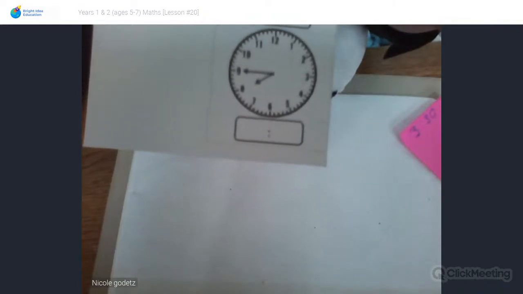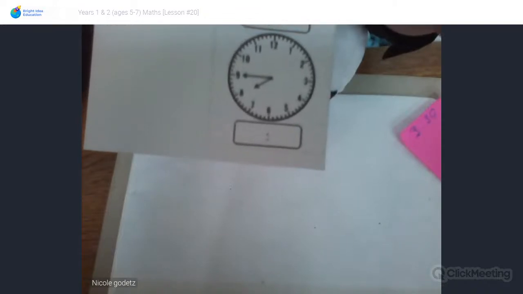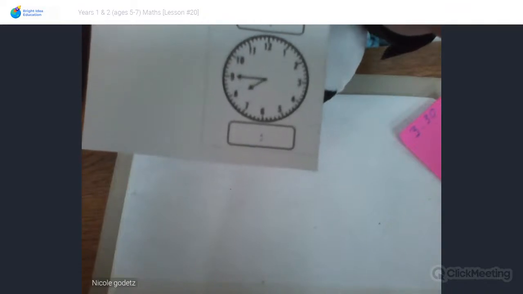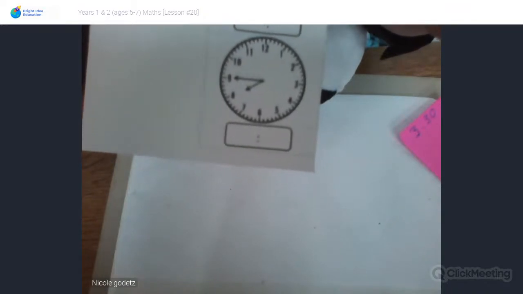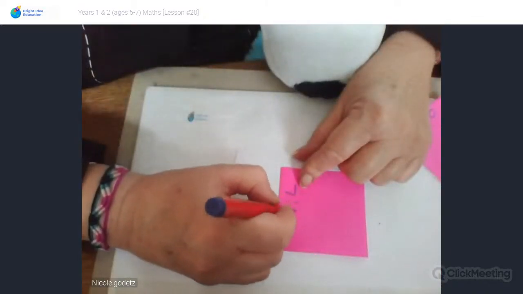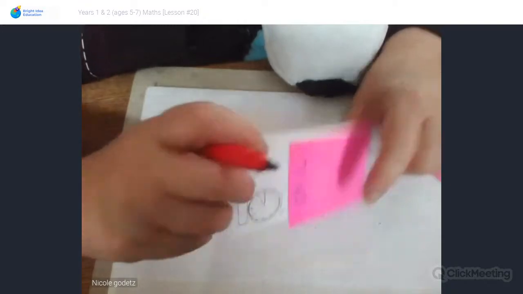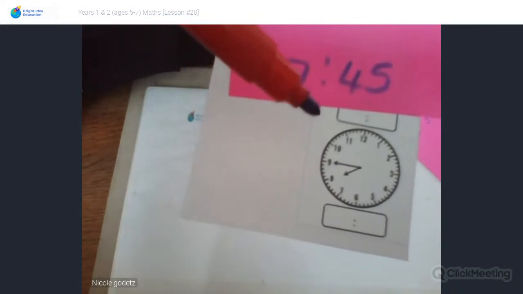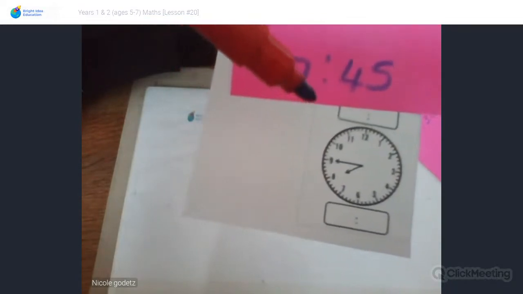The last hour was 7 o'clock. And how many minutes? It cannot be 8 hours and something minutes. Exactly. So it is 7 hours and 45 minutes.